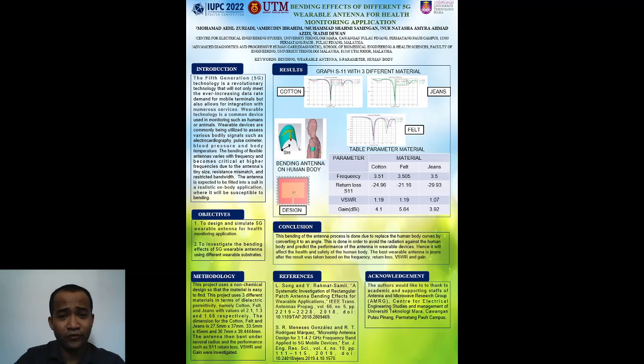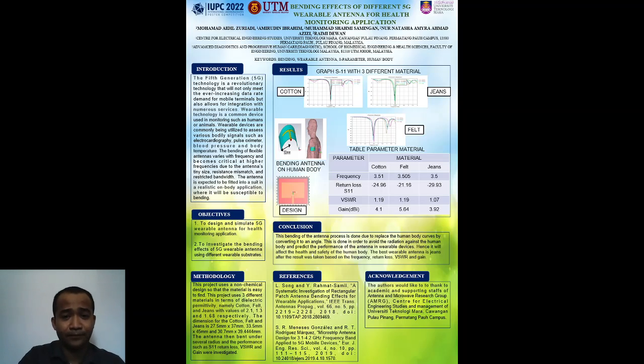For each of the graphs, I have bent it with three different radii, which are 25, 45, and 75 mm, which represent the bone, skin, and fat of the human body. We also can see an example of the antenna bending on the human body and the design that had been made.